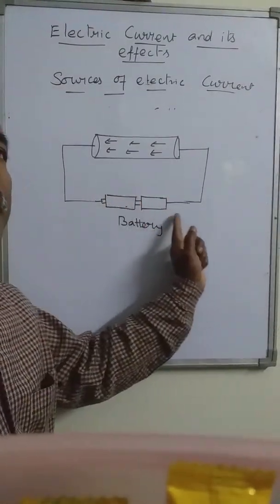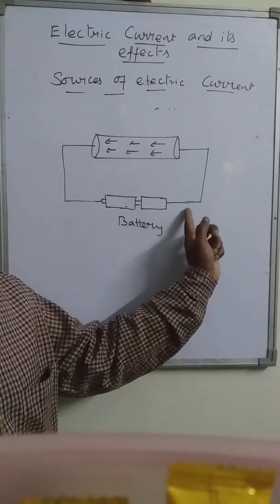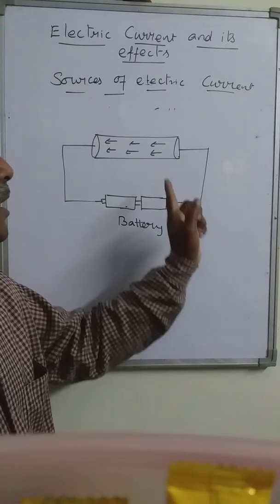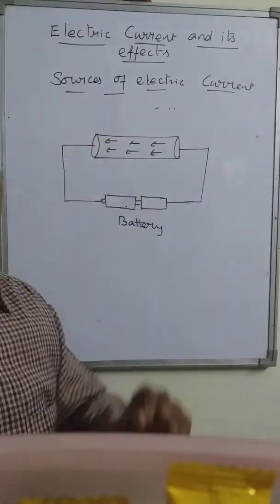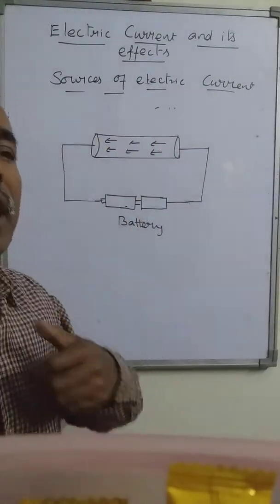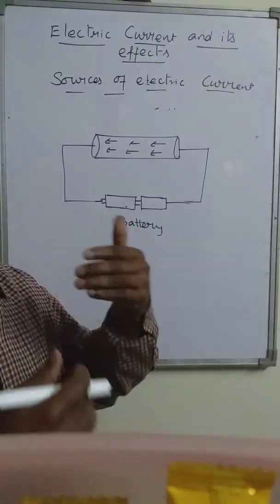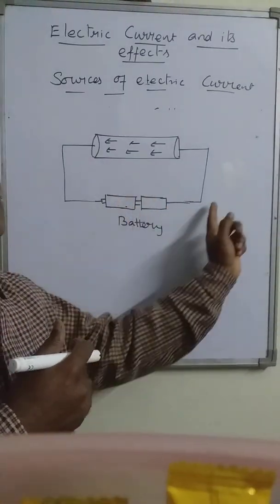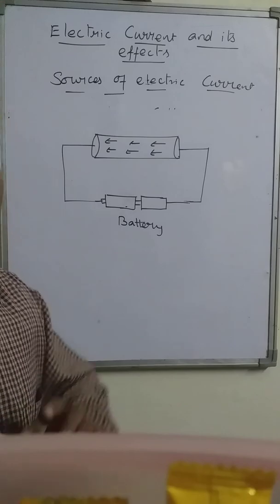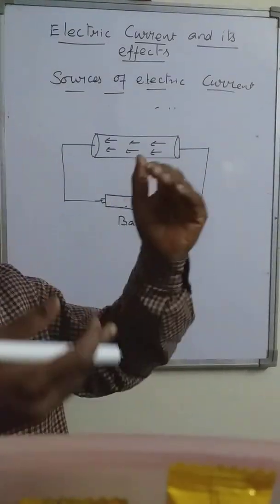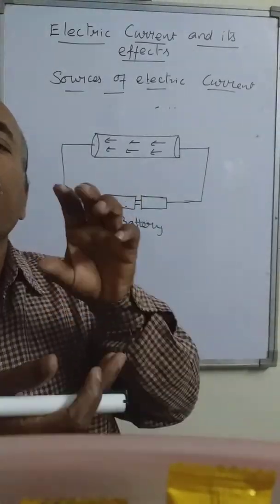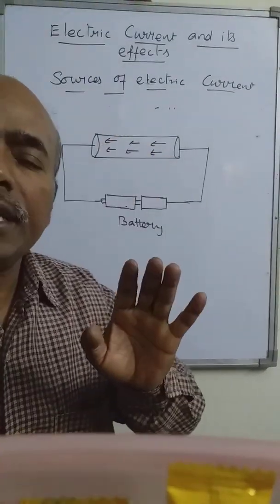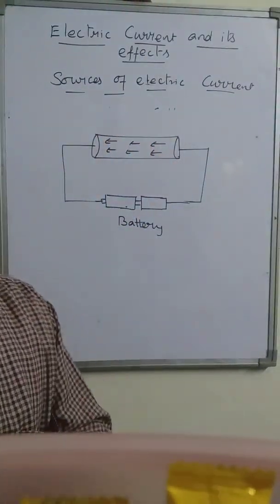If we keep increasing the number of cells, 3 cells, 4 cells, 5 cells, any number of cells can be joined together to pass current through the conductor. And if we increase the number of cells, then definitely the amount of current flowing through the conductor increases.